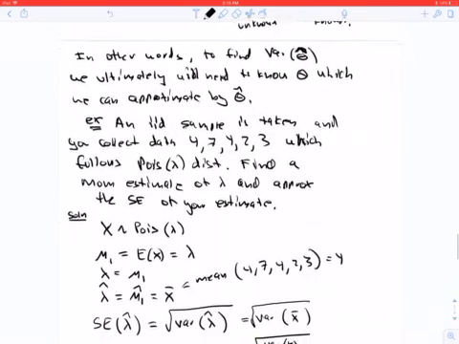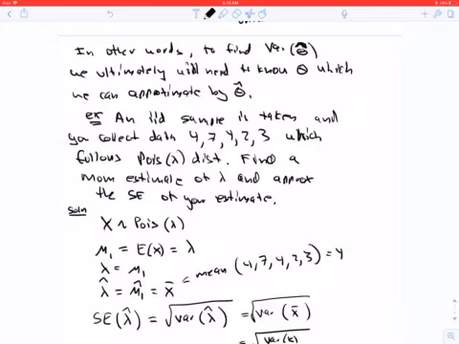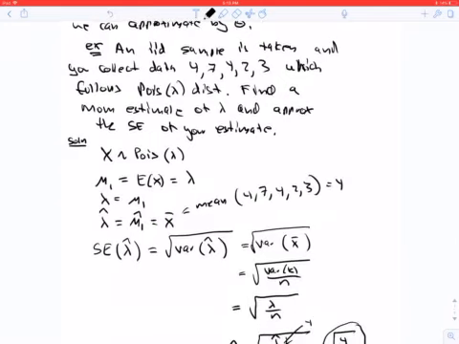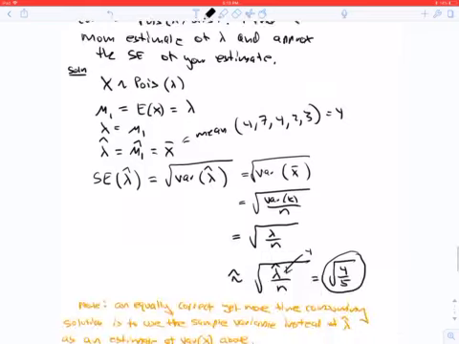So let's take a look at an example here. You have an IID sample and you collect data, let's say 4, 7, 4, 2, 3, which follows a Poisson lambda distribution. Let's find a MOM estimate of lambda and approximate the SE of your estimate.